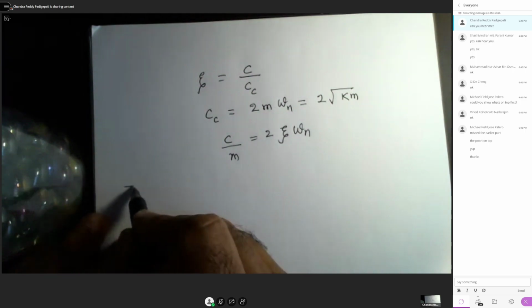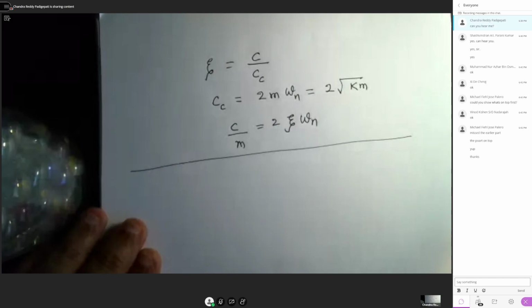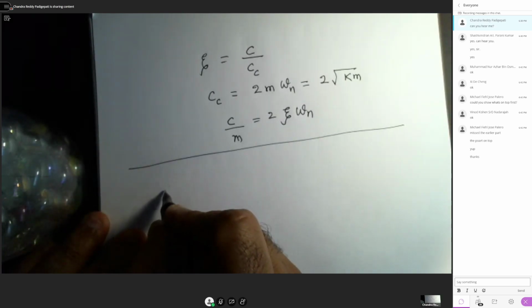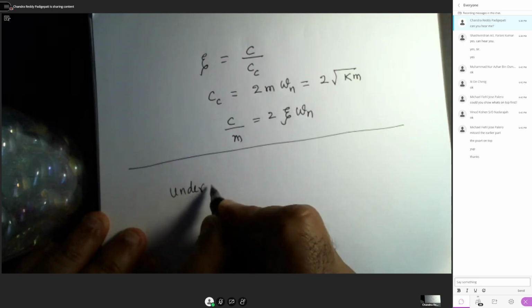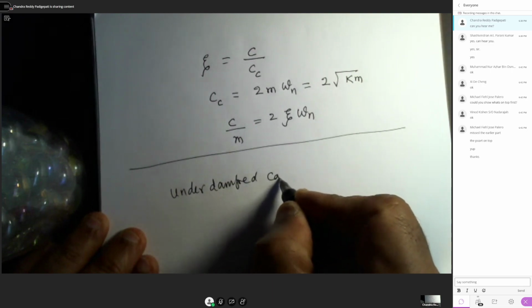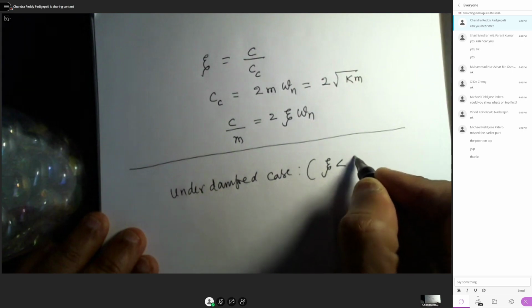When we have a damped free vibratory system, vibration is possible only in the underdamped case, which is the most important part. Underdamped means the damping ratio is less than 1.